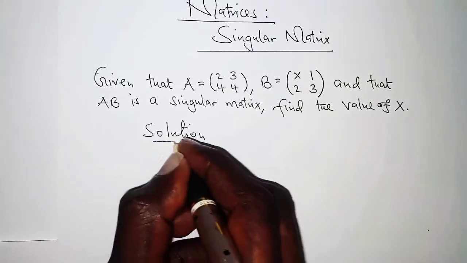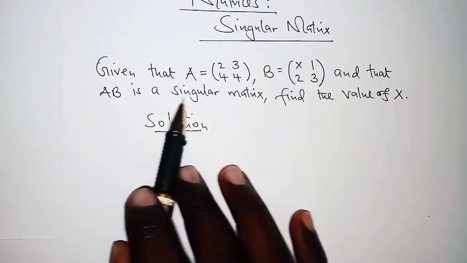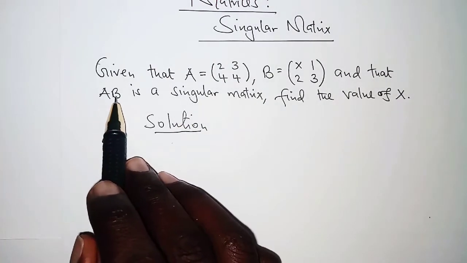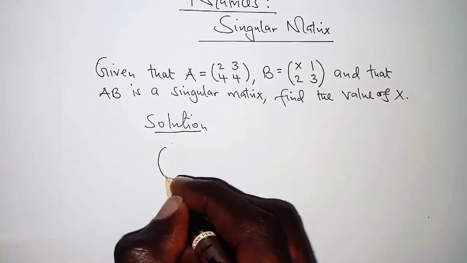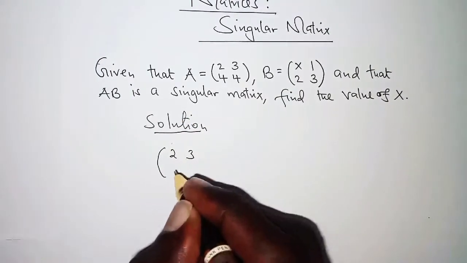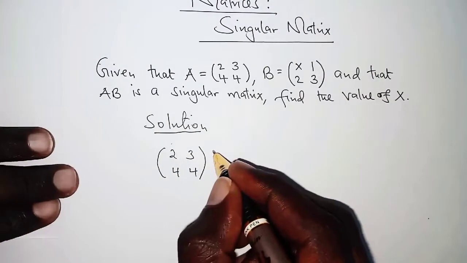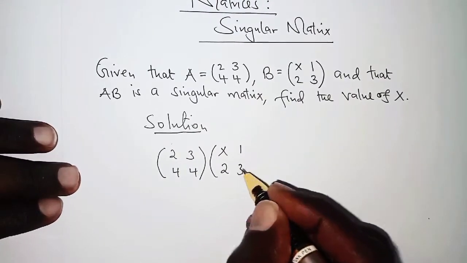The solution to this is as follows. Remember, we are told AB is a singular matrix. So first we multiply matrix A by matrix B in that order. We begin with matrix A, which is [2, 3; 4, 4], and matrix B is [x, 1; 2, 3].